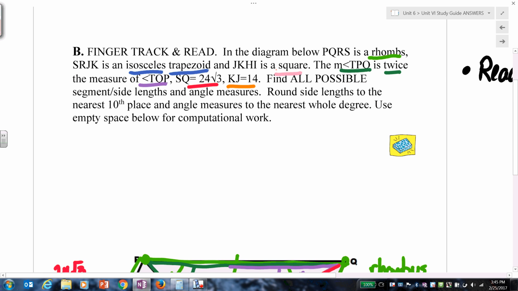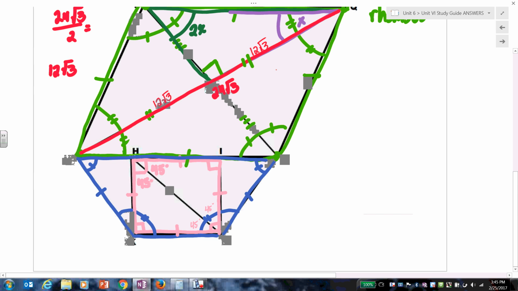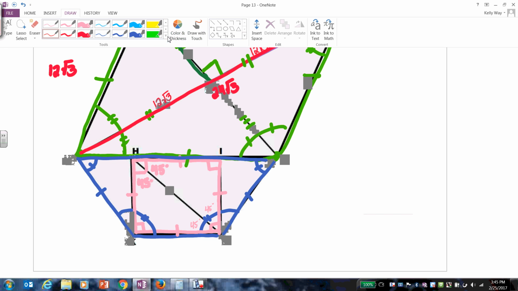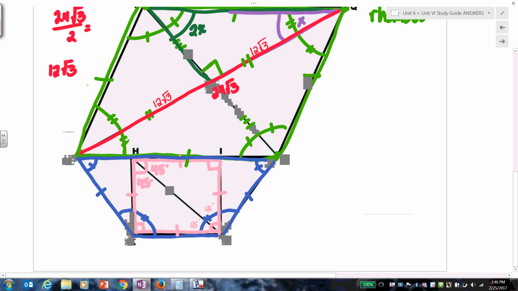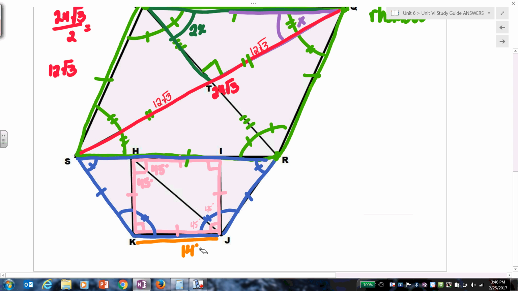The last thing I'm told is K to J is 14. Knowing this, find all, not 14 degrees, just 14 units. Knowing this, find all possible side lengths and angle measures.